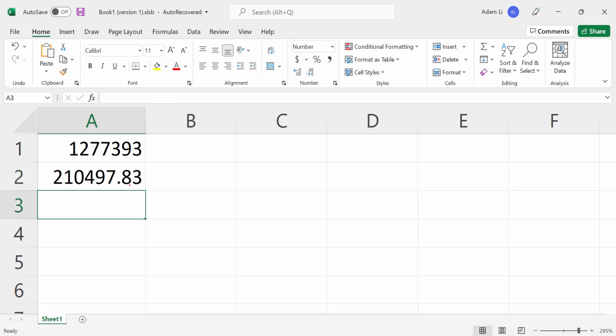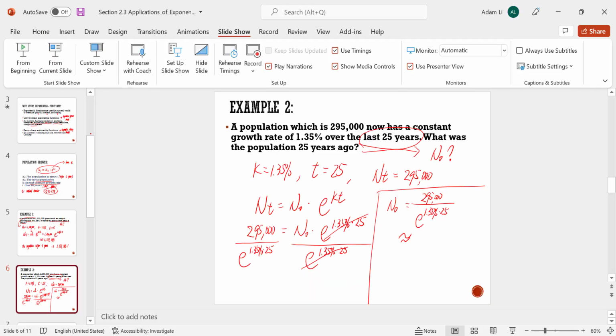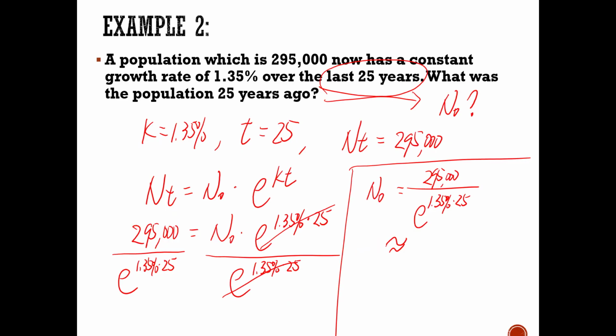And the initial population turned out to be 210,498. So the initial population is 210,498. Okay. So that is how we find the initial population in this case.